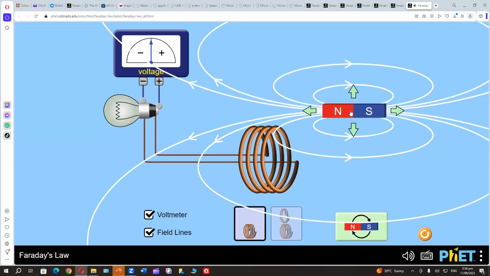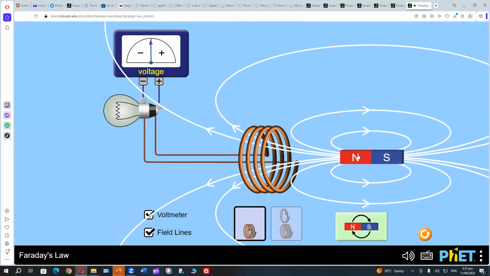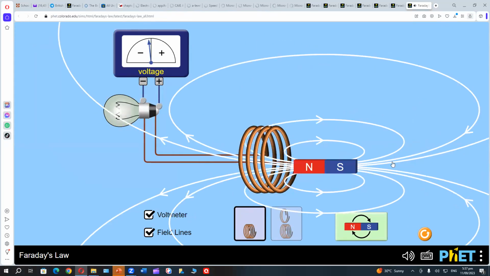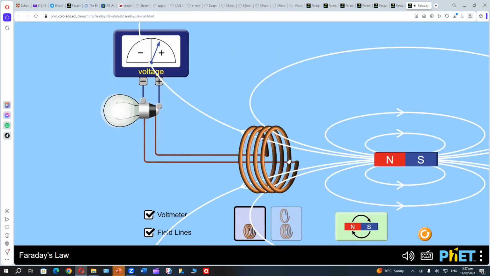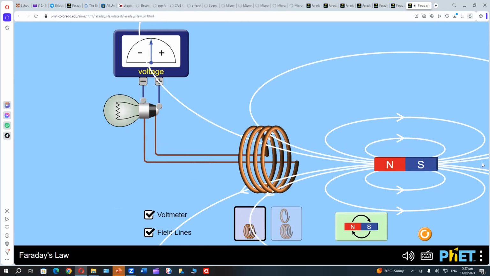Okay, now look at this screen. This is the bar magnet, and I am moving the bar magnet towards the solenoid. Now, what is the observation?